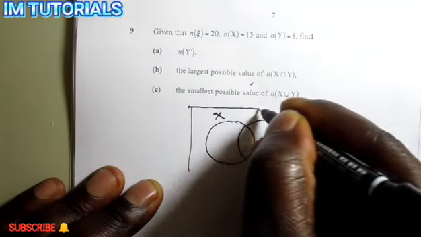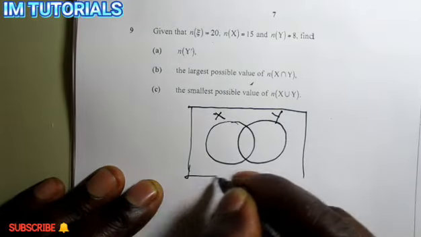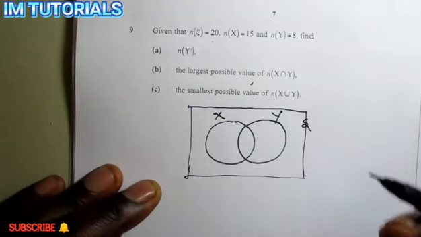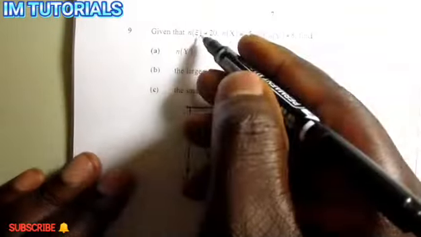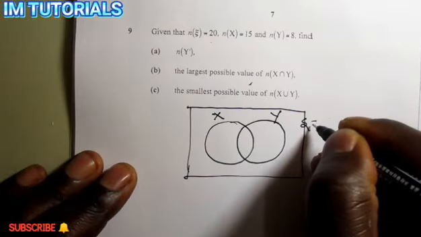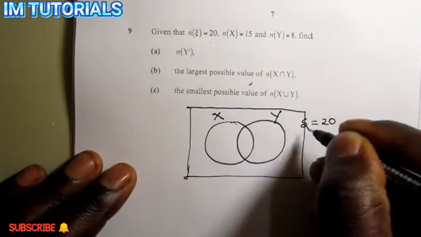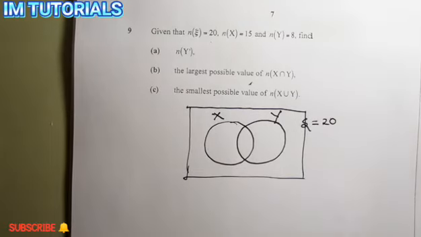Then we put our Venn diagram where the box represents the universal set. So the number of the universal set is equal to 20. It means that I'm going to write 20 on this universal box. Then the number of x is 15.